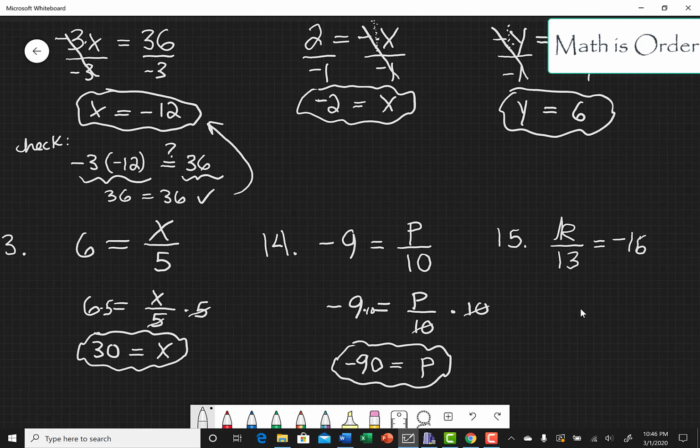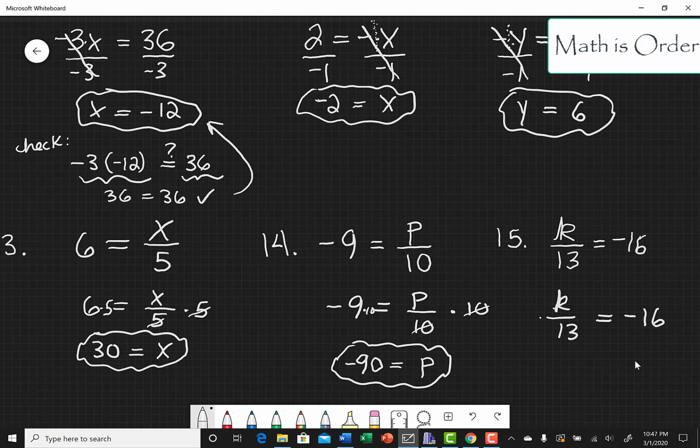Last one. This time, we've got 13 on the bottom. That means that 13 is dividing k, right? So we need to do the opposite to get rid of that 13 on the bottom. So to get rid of that 13, what we're going to do is multiply both sides by 13.